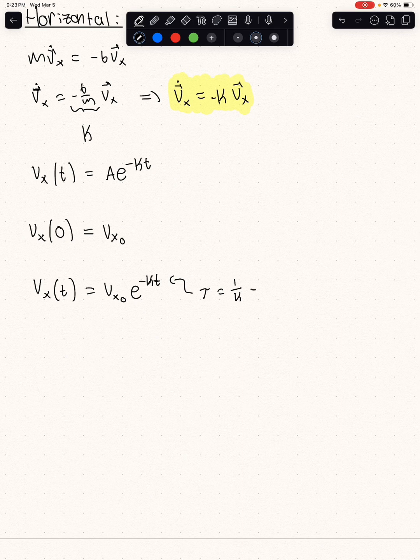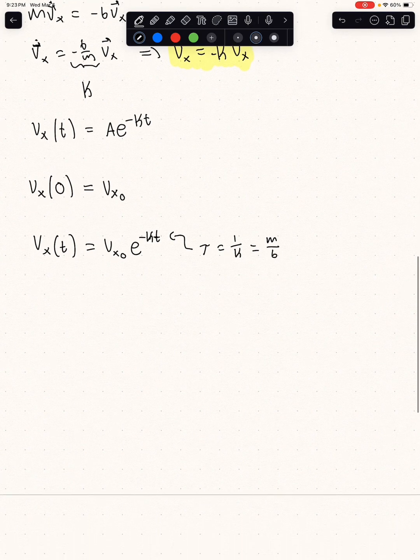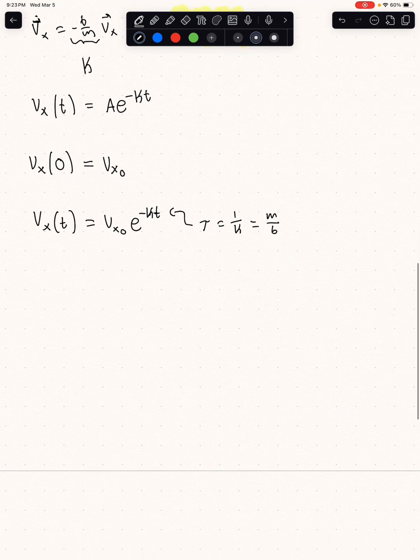So 1 over k is going to be m over b. It's a little hard to understand, but I feel like that's most of the math for air resistance stuff. It's just a very common thing that they do. If this is your first time seeing it, I wouldn't really expect you to totally get why they do it. It's just something that does happen.